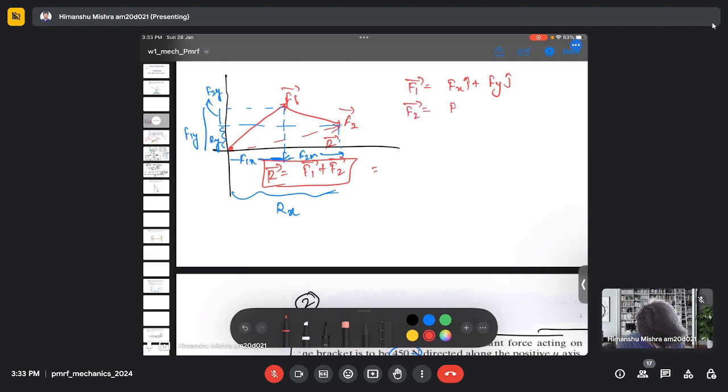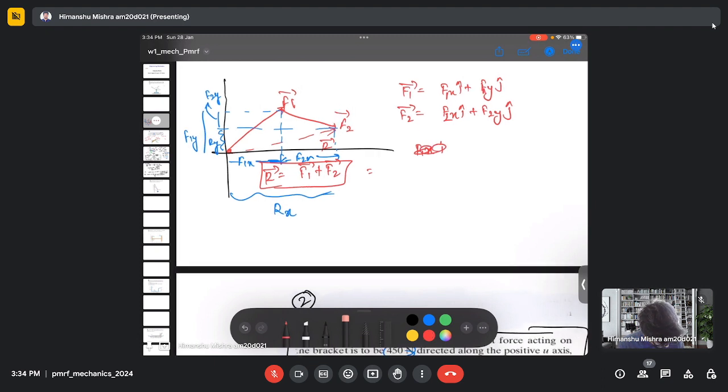which is F2x i and F2y j. And one can add these two forces, which will give you F1x i plus F1y j plus F2x i plus F2y j.